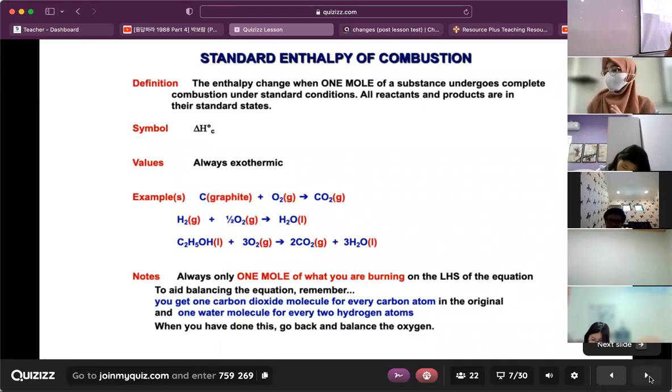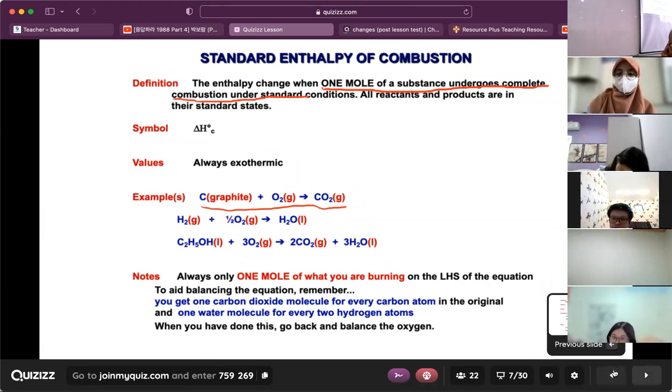So 1 mole of a substance undergoes complete combustion under standard conditions, and everything in the reactants and products must be in their standard states. We meet again with this reaction, carbon and oxygen. It's similar, right? Like in the previous slides.